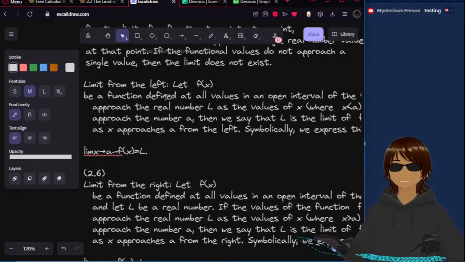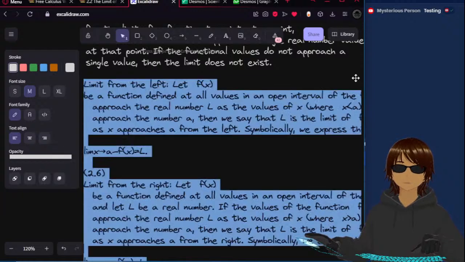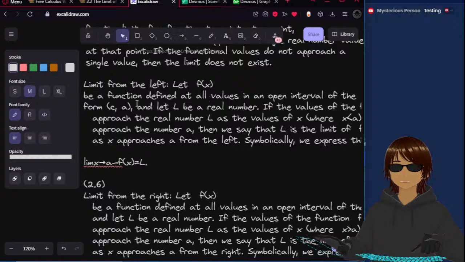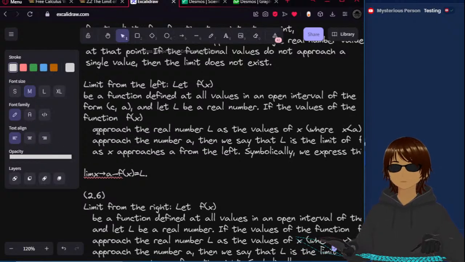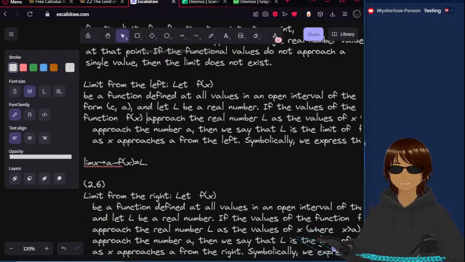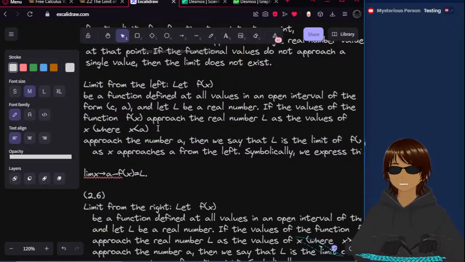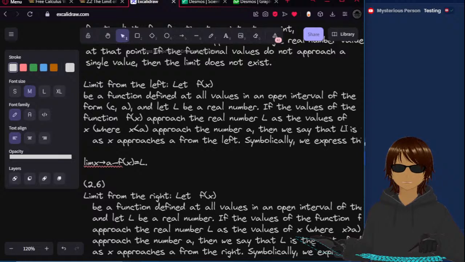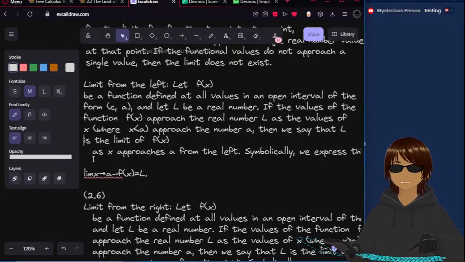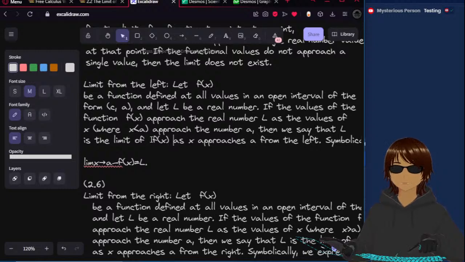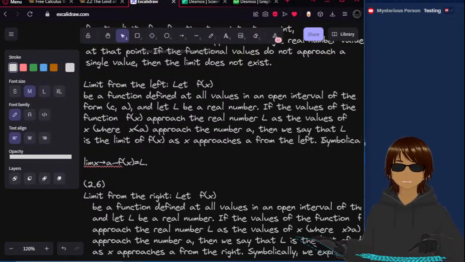Let f of x be a function defined at all values in an open interval of the form C to A, and let L be a real number. If the values of the function f of x approach the real number L as the values of x approach the number A, then we say that L is the limit of f of x as x approaches A from the left.